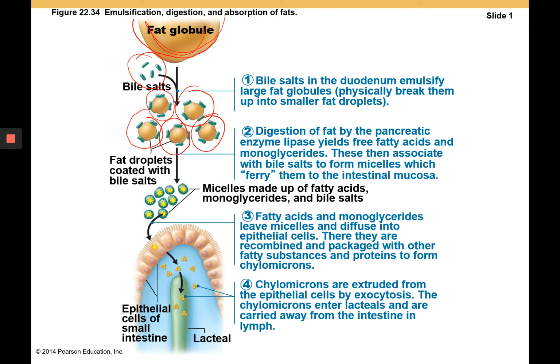Once we break down these small fat globules into monoglycerides and fatty acids, we'll use the remaining bile salts to form a structure called a micelle. Micelles will be absorbed through the enteric epithelial cells, turned into then chylomicrons, which will then go into a lacteal or a specialized lymphatic capillary.